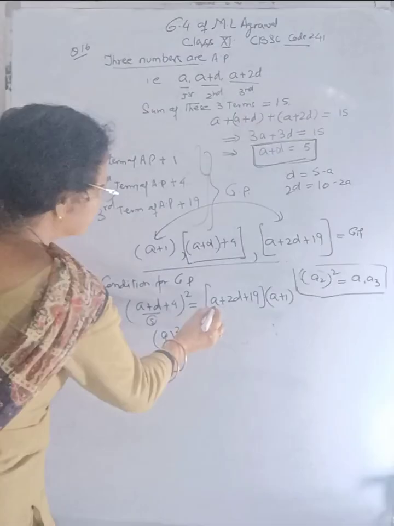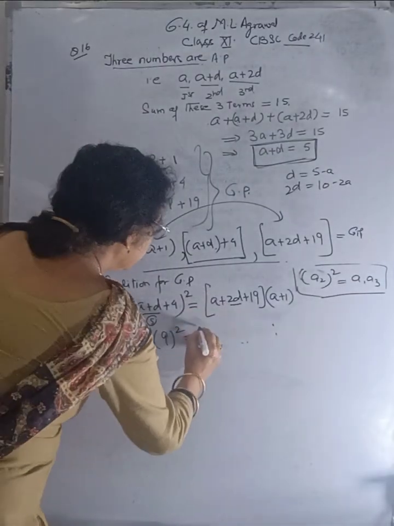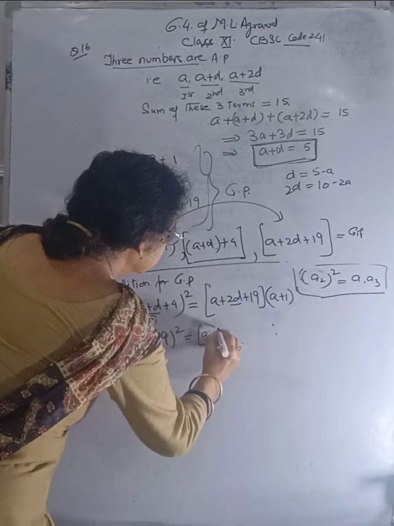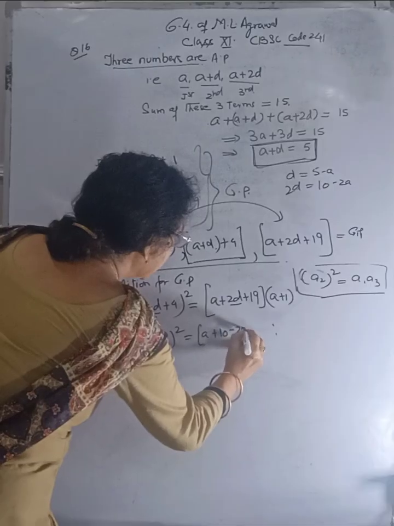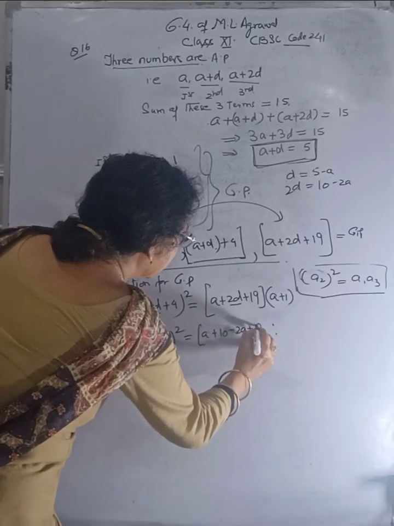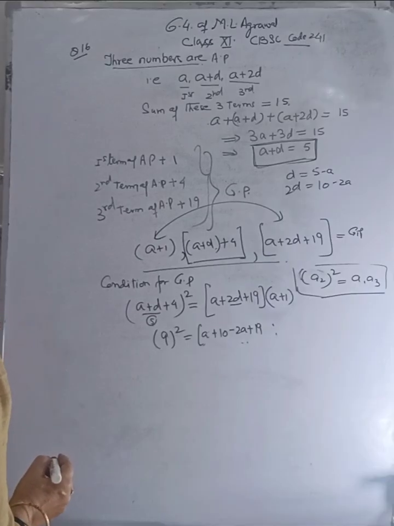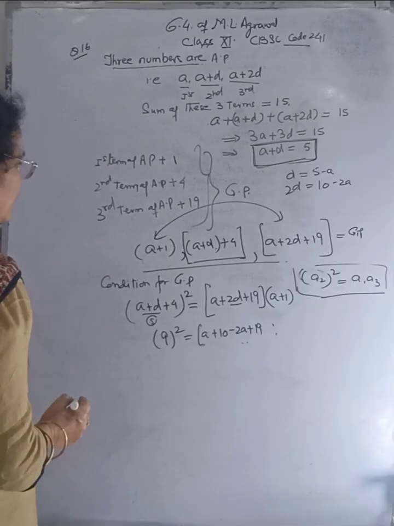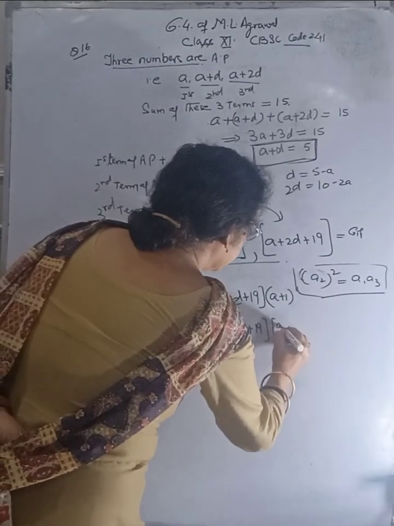It means A plus 10 minus 2A plus 19, into A plus 1.